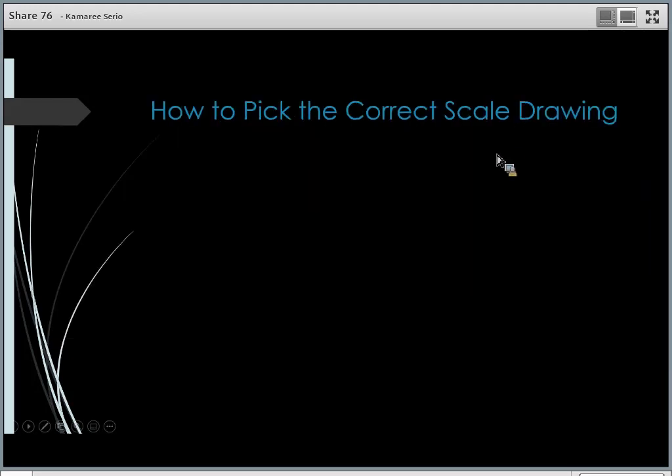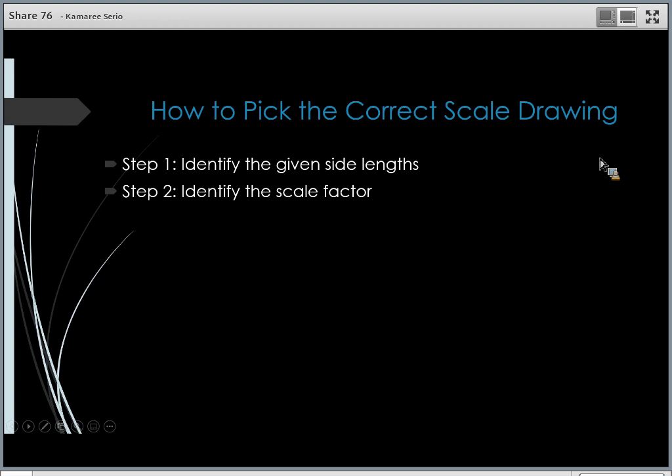All right, how to pick the correct scale drawing. This is a little bit trickier, but it's not that bad, I promise. The first step is going to be identifying the given side lengths. So always look at your image, see if you notice any patterns. The next thing is going to be identifying the scale factor. Usually if it's asking you to pick which drawing is the right scale drawing, it's going to give you a scale factor already.